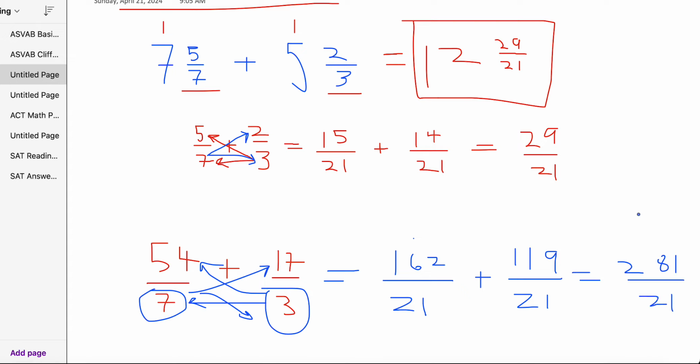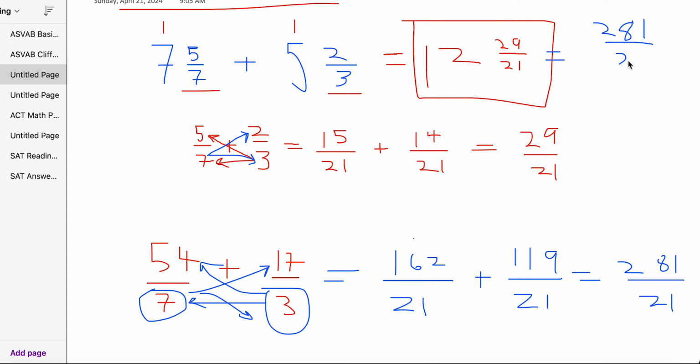And so to prove that these two answers are the same, we can convert this to an improper fraction, right? So we take this 12 and multiply it by 21. We get 252, and then we add the 29, which gives us 281.